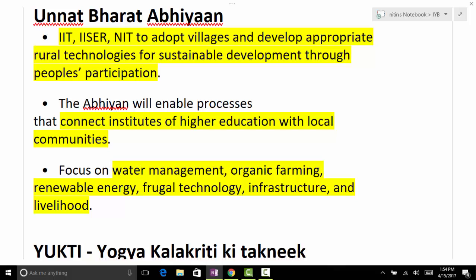What kind of issues will be focused by these institutions? So these are issues which our villages are facing right now. So these issues will be taken care of by these institutions: water management, organic farming, renewable energy, frugal technology, infrastructure and livelihood.